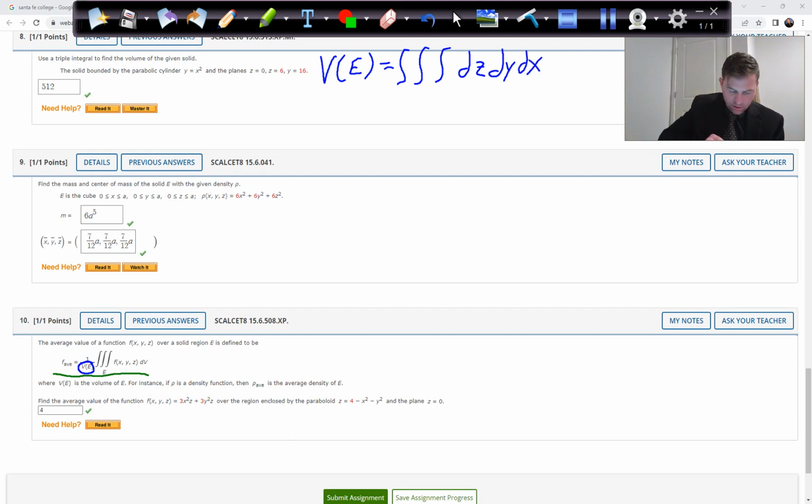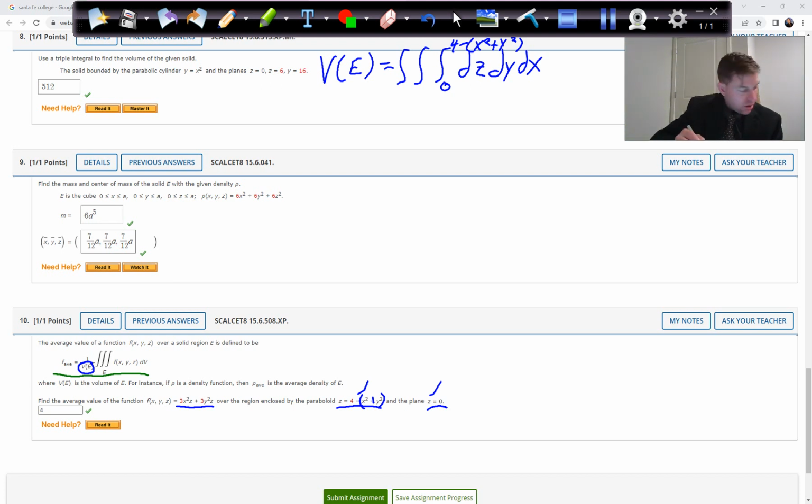And we're looking at this function, and the plane z equal to 0. So the first thing, z is going to go from 0 right here to this, 4 minus x squared plus y squared. So notice I factored out a minus here and made that plus.